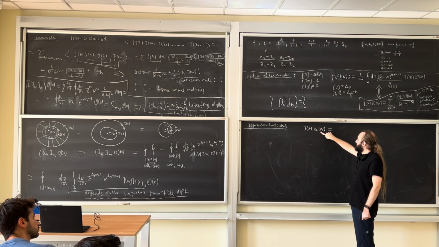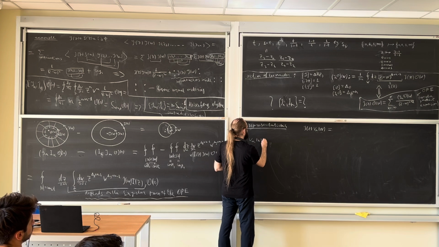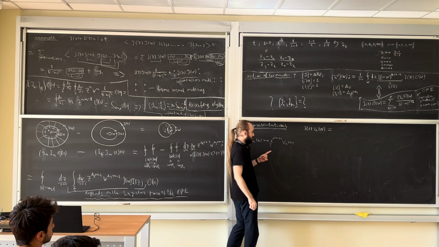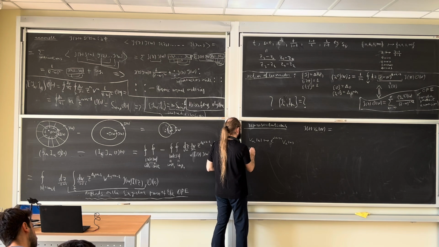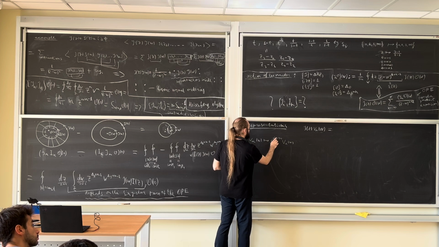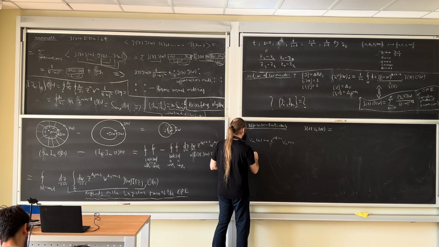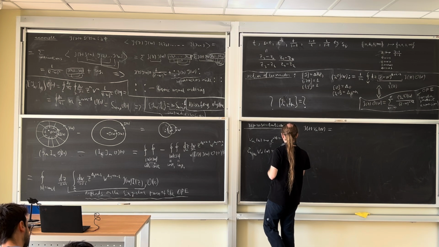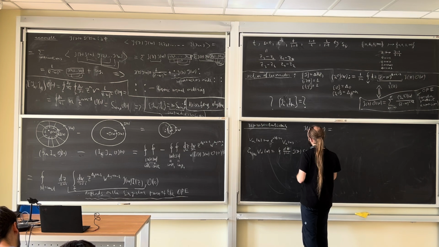Oh, but wait, V_alpha is a field that transforms, so V_alpha of w transforms to e to the alpha epsilon of w, V_alpha of w, under this symmetry that corresponds to the current J. And we also know the holomorphic Noether theorem, that, let us put here epsilon, delta_epsilon V_alpha of w equals the integral dz over 2 pi i J of z epsilon of z V_alpha of w.